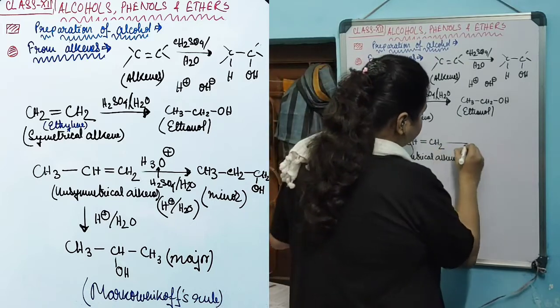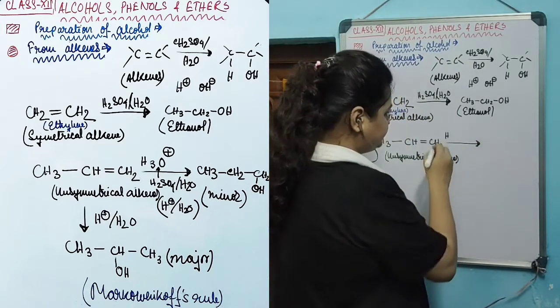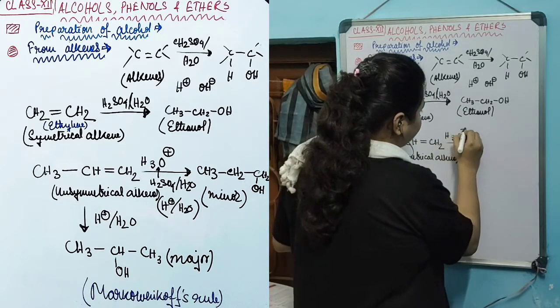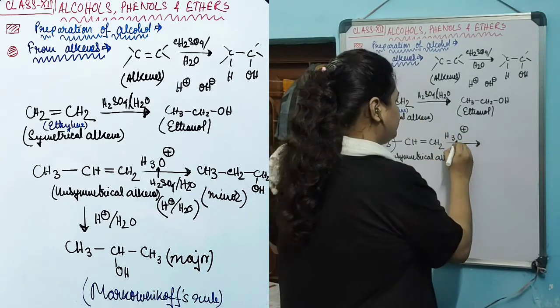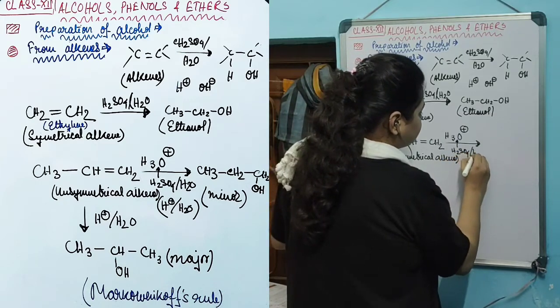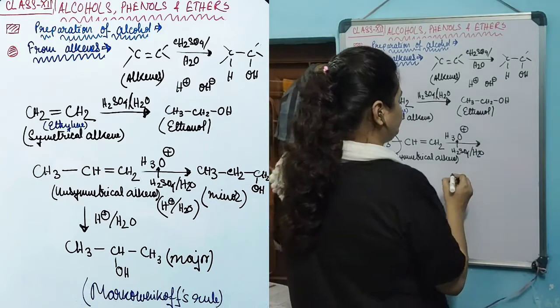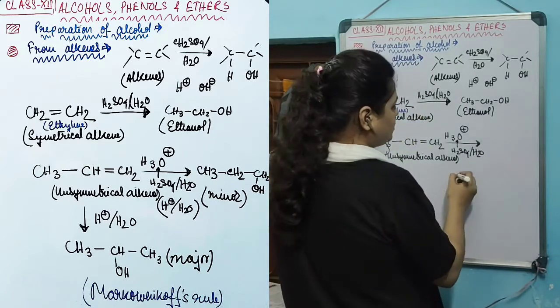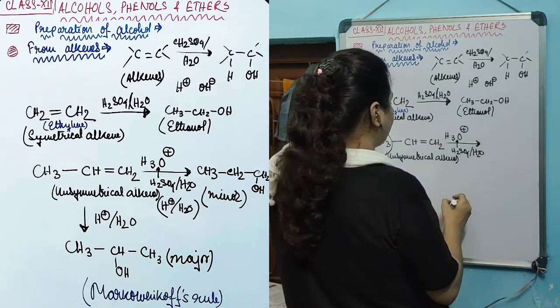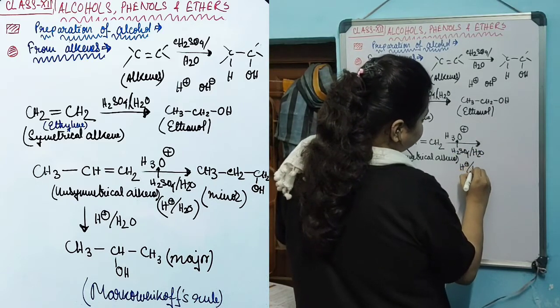Now when this is subjected to acidic hydrolysis, H3O plus, this can also be written as H2SO4 slash H2O, or H plus slash H2O.